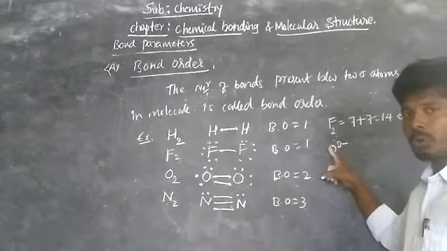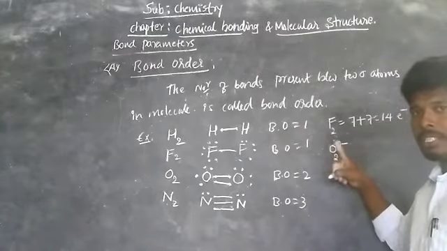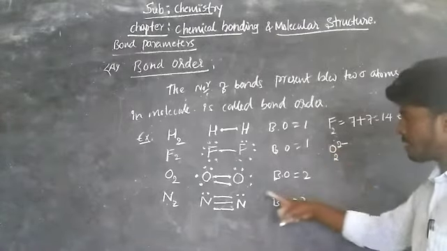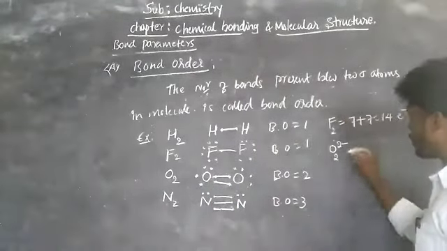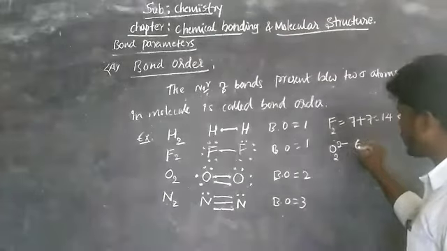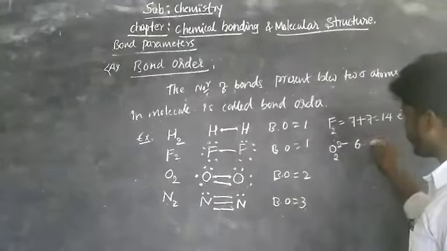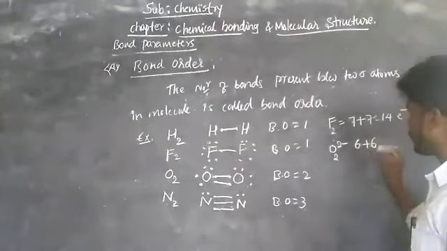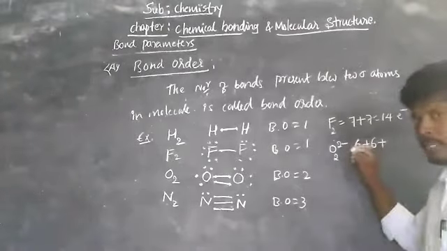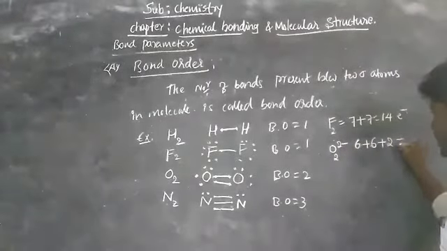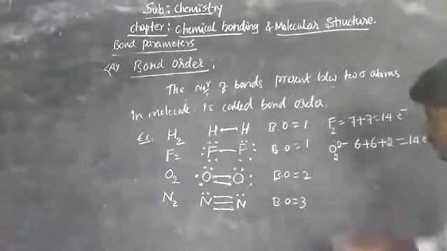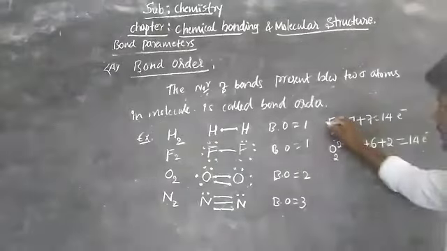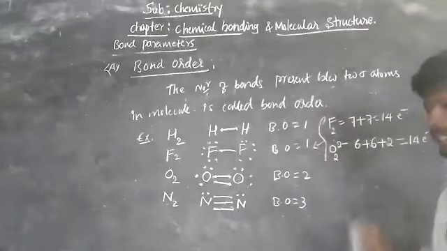In O2, each oxygen has how many valence electrons? 6 electrons, 1, 2, 3, 4, 5, 6. 6 electrons for each oxygen, that is 6 for one oxygen plus 6 for the second oxygen, plus here 2 minus means we are adding 2 electrons. So total 6 plus 6 is 12, 12 plus 2 is 14 electrons. How many electrons are there? 14. Therefore the bond order for this is 1 only.